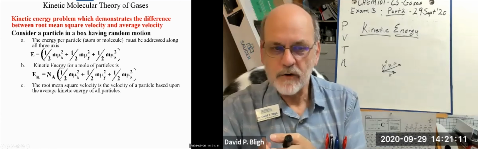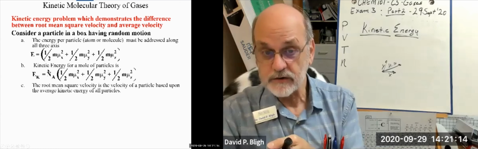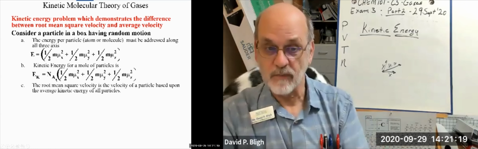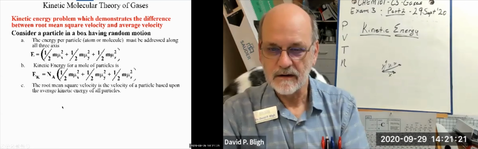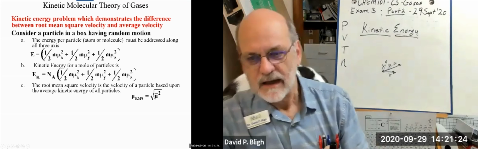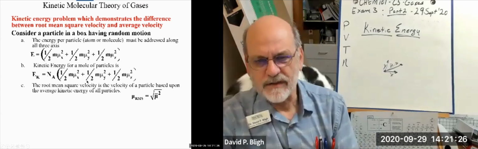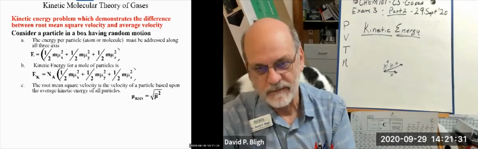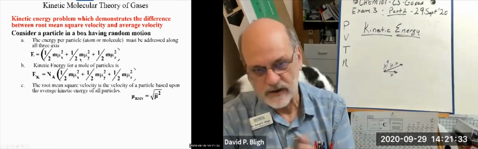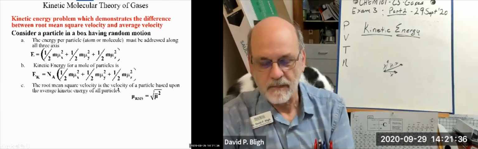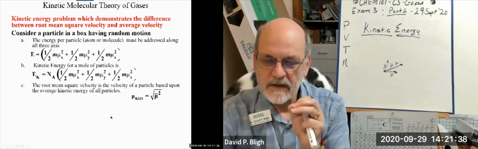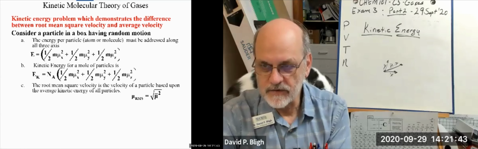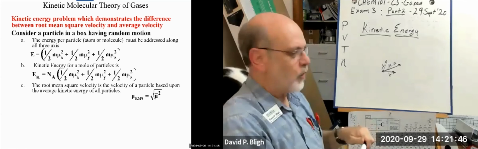So if we say we have this many moles of those particles, then it's sort of an averaging effect of the number of moles. And what we end up with, and we've taken a lot of intermediate steps here without explaining what they are, so you're not responsible for this expression, believe me. What I want you to focus on is the concept of the root mean square velocity. The root mean square.